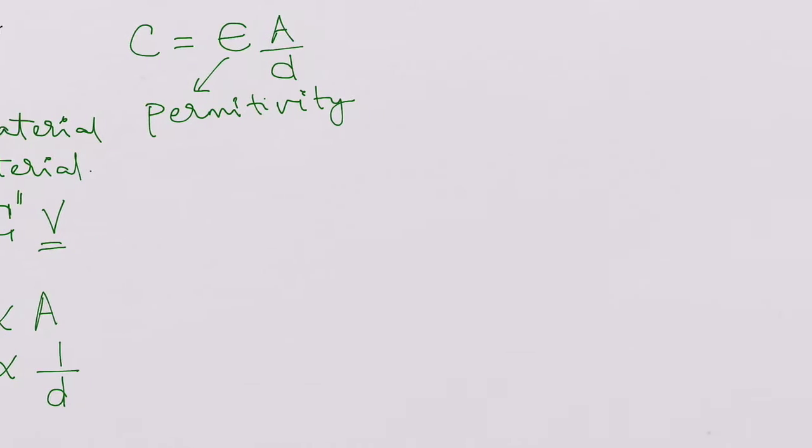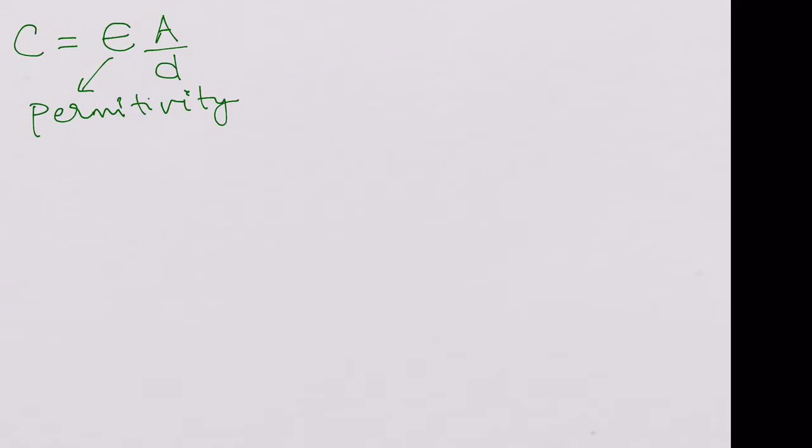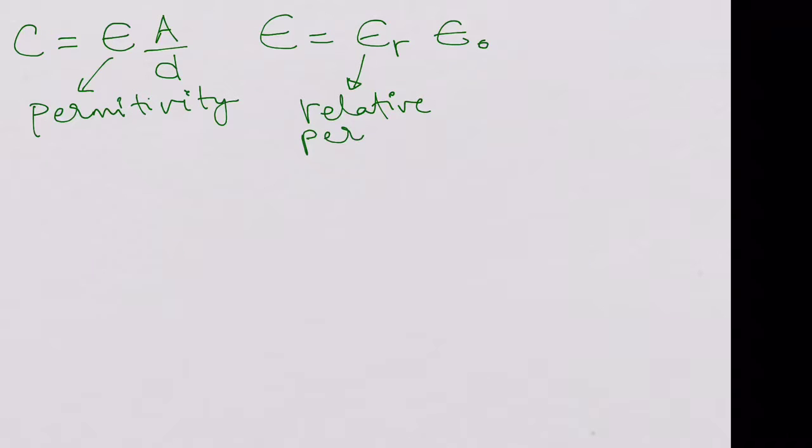And now epsilon is epsilon r multiplied by epsilon naught, where epsilon r is called the relative permittivity, or it's also commonly known as dielectric constant.